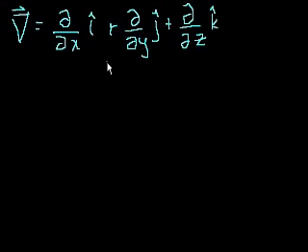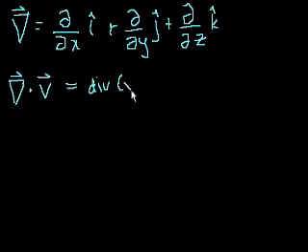When we applied it to just a scalar function, like a 3-dimensional function, we just multiplied this times that scalar function. We got the gradient. When we took the dot product of this with a vector field, we got the divergence of the vector field.